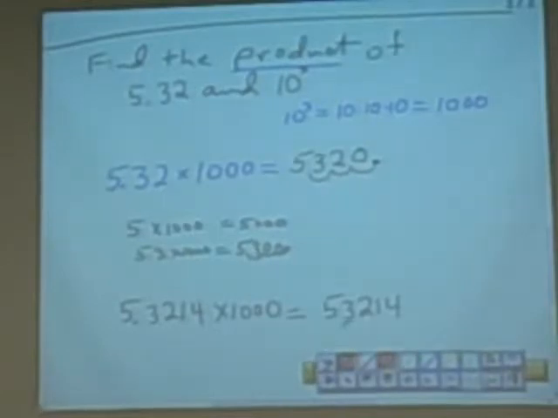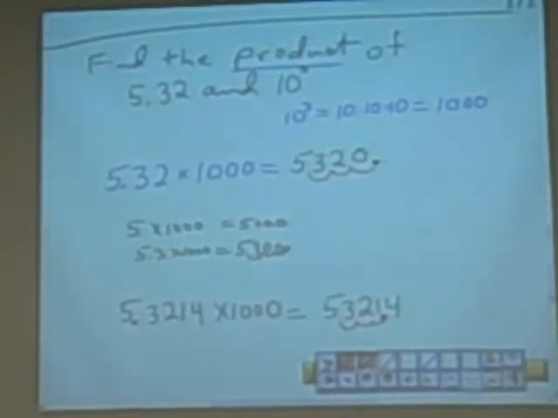And we're still moving that decimal point 3 places. So now it's 5,321.4. No matter how many digits you have, that 1,000 makes you move that decimal point the same number of places, no matter how many digits you have in your number. All right?